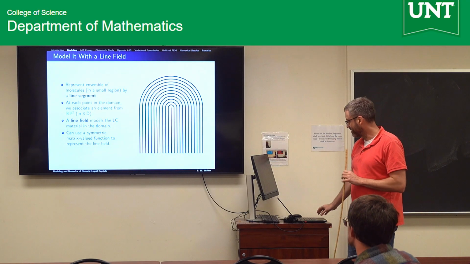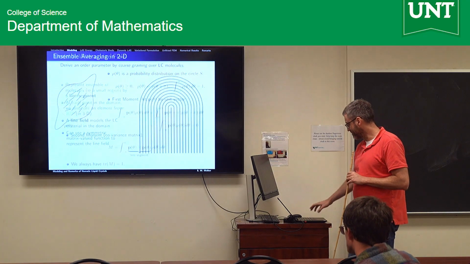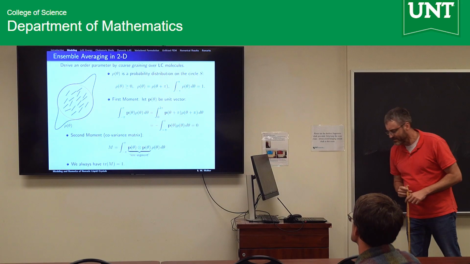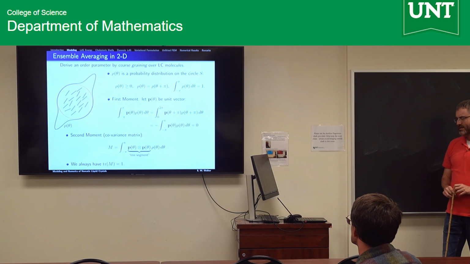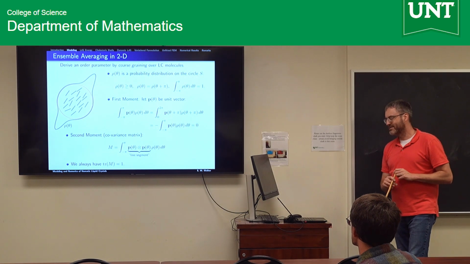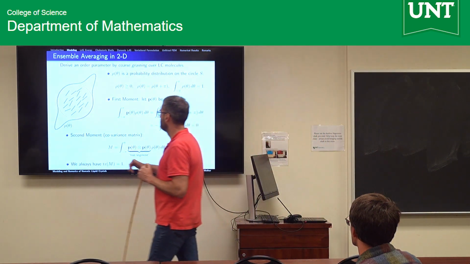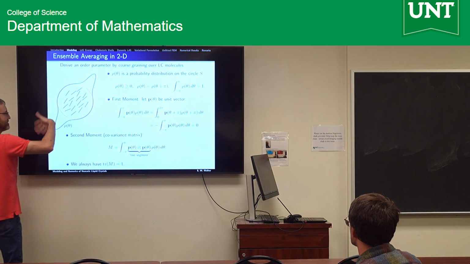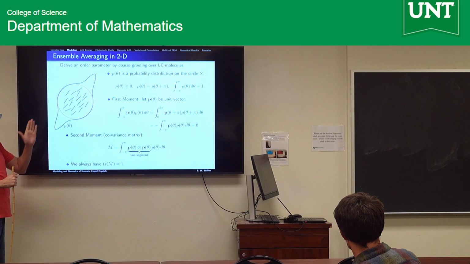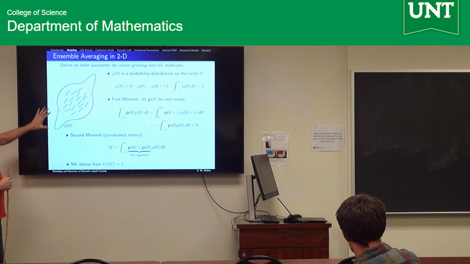I'll say a little bit more about where this comes from next. What we're really trying to do is some kind of ensemble or probabilistic averaging. Suppose these line segments represent the orientation of my molecules, and they're randomly distributed.